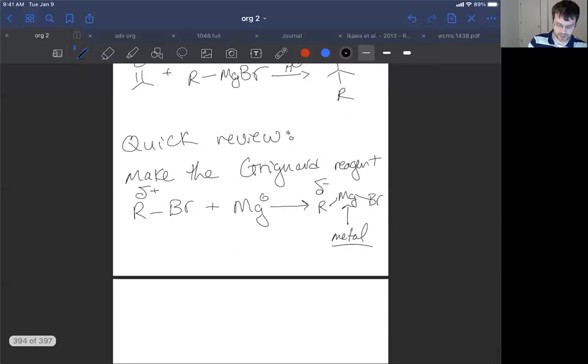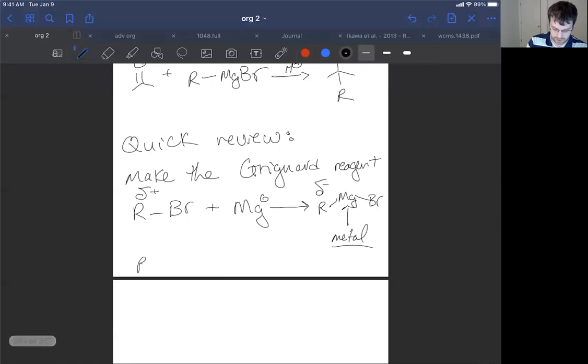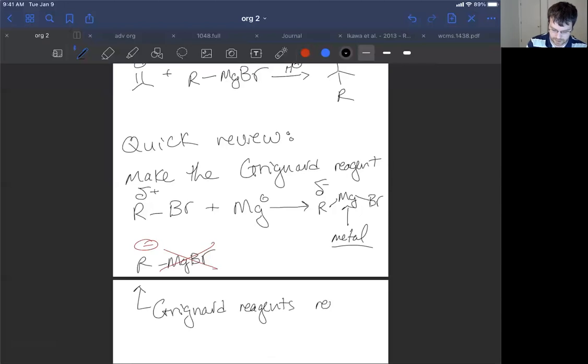In fact, when I think of a Grignard reagent, I find it most helpful to just sort of cross the magnesium out and replace the R group with a negative charge. That's because Grignard reagents react like carbanions.